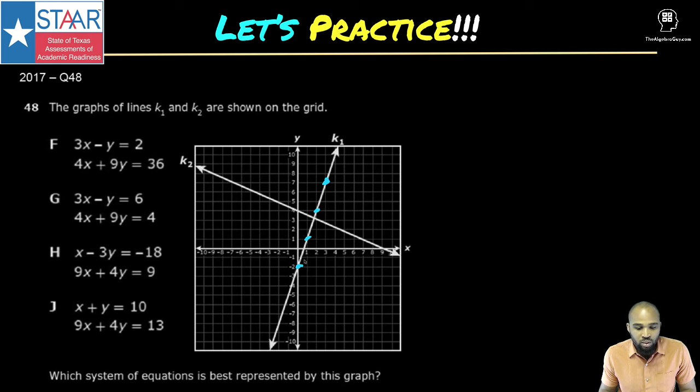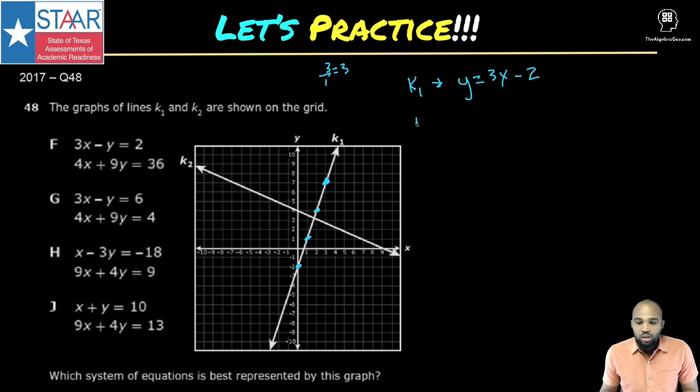So that means that this is the right slope. This is a -3. So for my K1, I'm going to write my equation here. I know we have a slope of 3x because it's going up 3 over 1. So 3 over 1 is just 3. What's my y-intercept? Well, it intercepts right here at -2, so there it is.